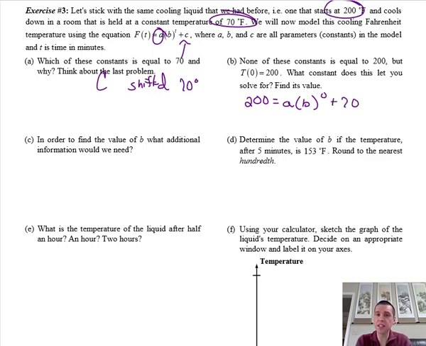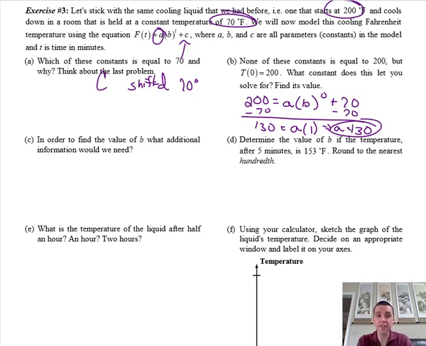Well, we've talked about this. Let's get rid of the 70 first. So we're going to subtract it. 130 equals A B to the 0. Well, what is B to the 0? Anything to the 0 power, which we talked about last lesson, is 1. So A equals 130.